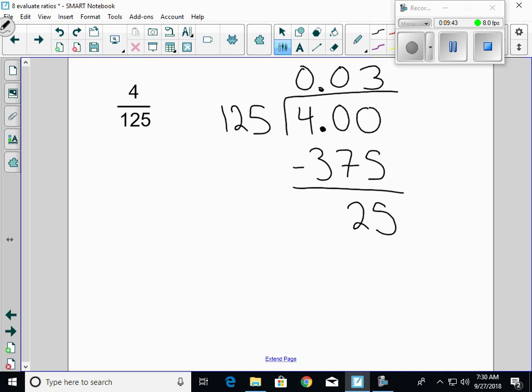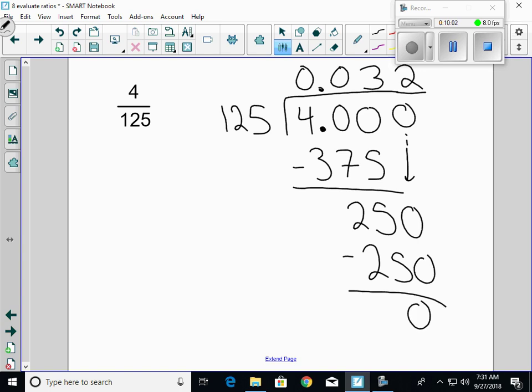Still have a remainder, so I need a 0, and I need to bring down that 0. 125 goes into 250 2 times, because 2 times 125 is 250. No remainder, so I'm finished. 4 divided by 125 equals 0.032.